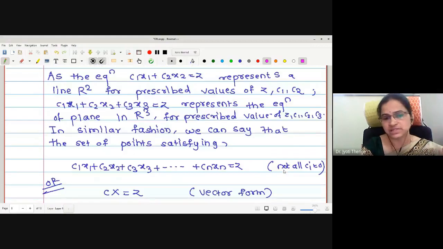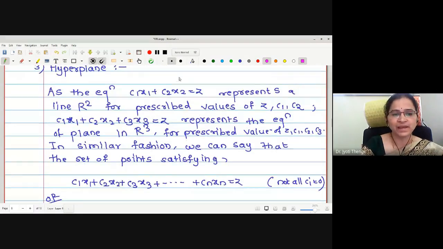Okay, the same can be done for the plane as well, for different values of z.